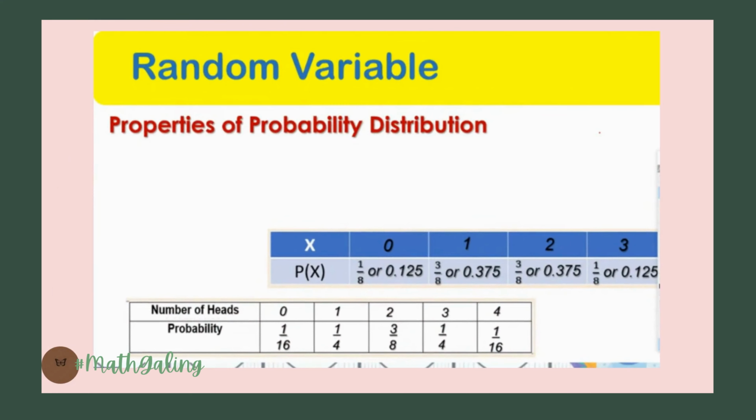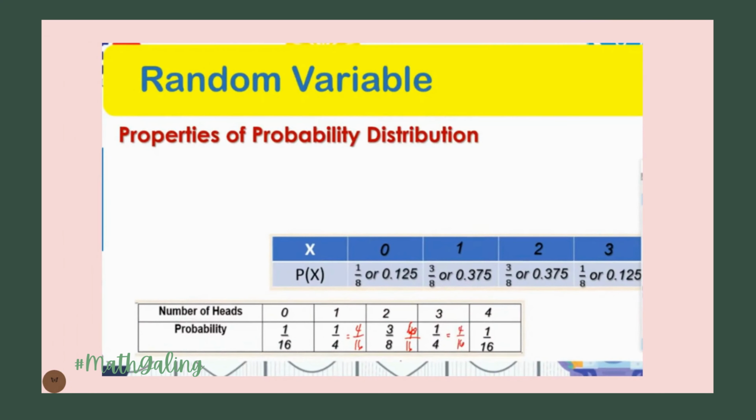If you look at this situation, there is still one property, right? So let's try to add all the probabilities. Add 1/8, 3/8, 3/8, and 1/8. If we add them, the total would be 8 out of 8, which is equal to 1.